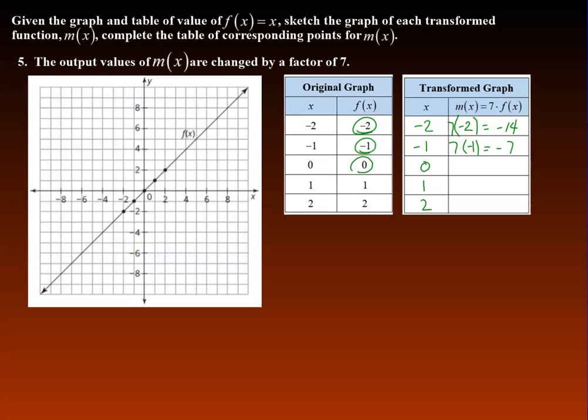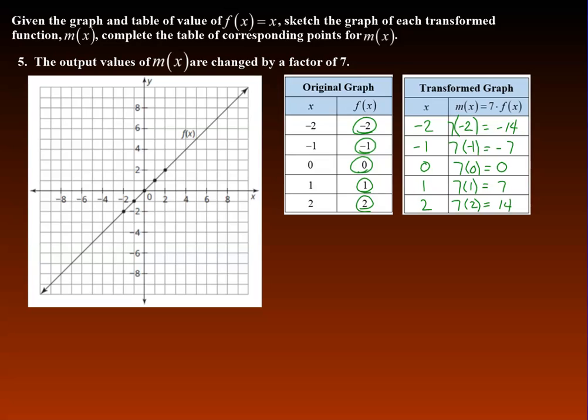Our next f of x value is 0, so we have 7 times 0. Well, 0 times anything is still 0, so that doesn't change. Then f of x is 1, so we have 7 times 1, which is 7. And then f of x is 2, so we have 7 times 2, which equals 14.